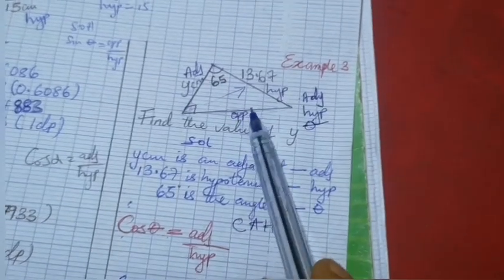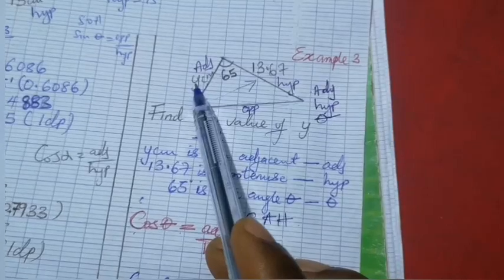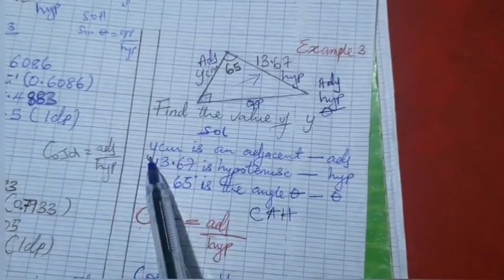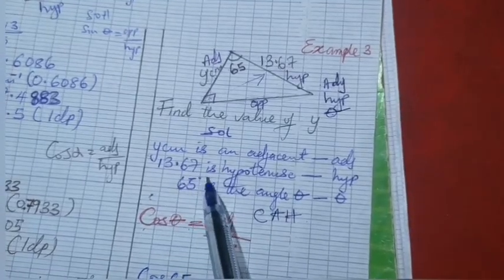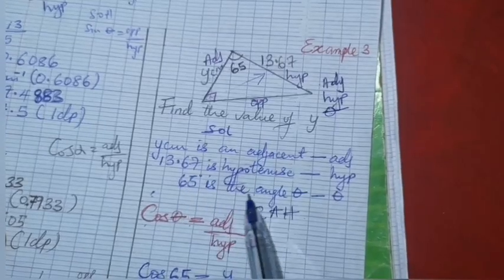Now, since we are looking for y and y is adjacent, that is why I wrote here y is an adjacent, 13.67 is the hypotenuse, and 65 is the angle.